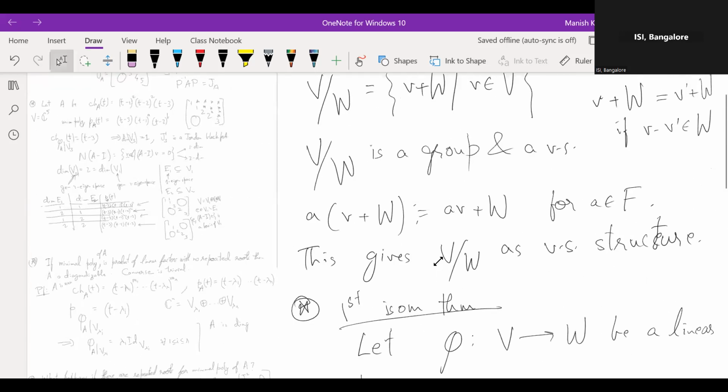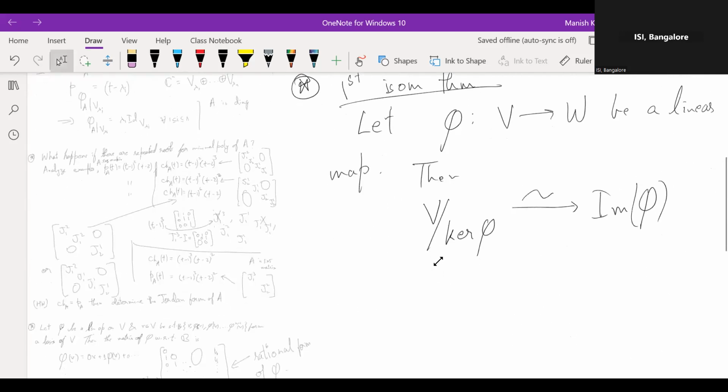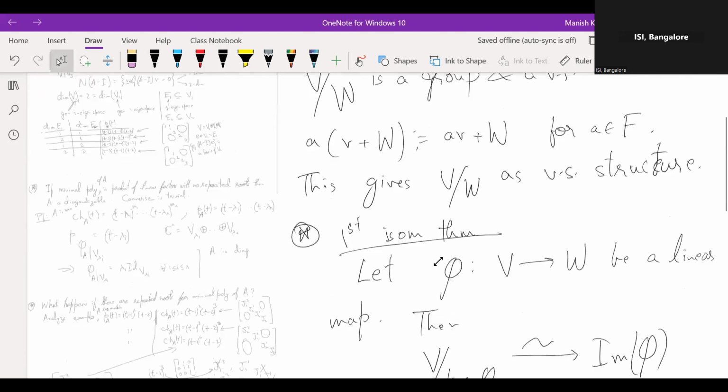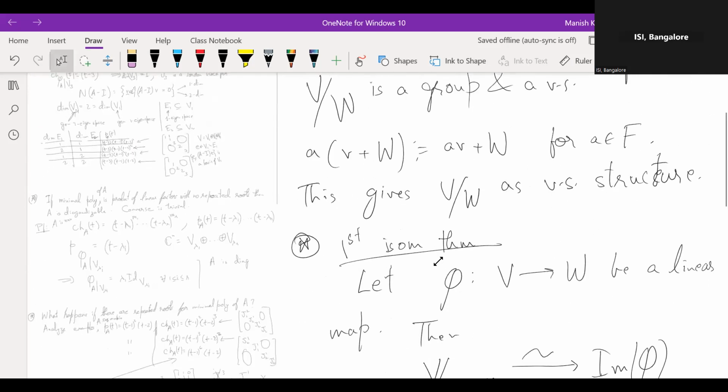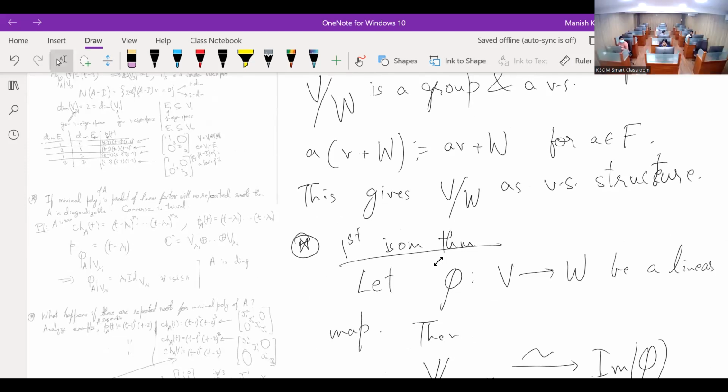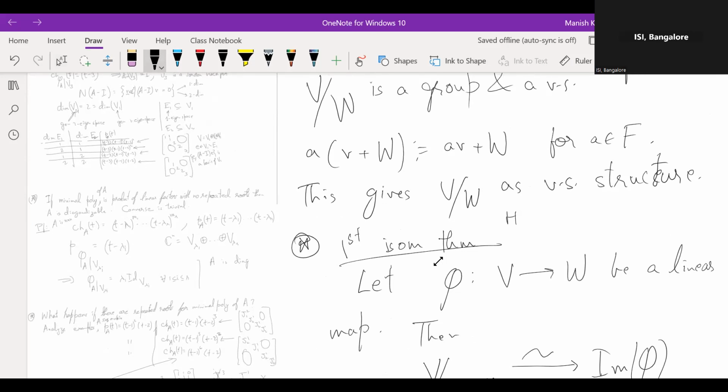And okay, so maybe it will be clear. So the point is, what is the dimension of V mod W? Yeah, so maybe I'll put this as a homework. The dimension of V mod W is the dimension of V minus the dimension of W. Okay, so maybe you can try to prove this.